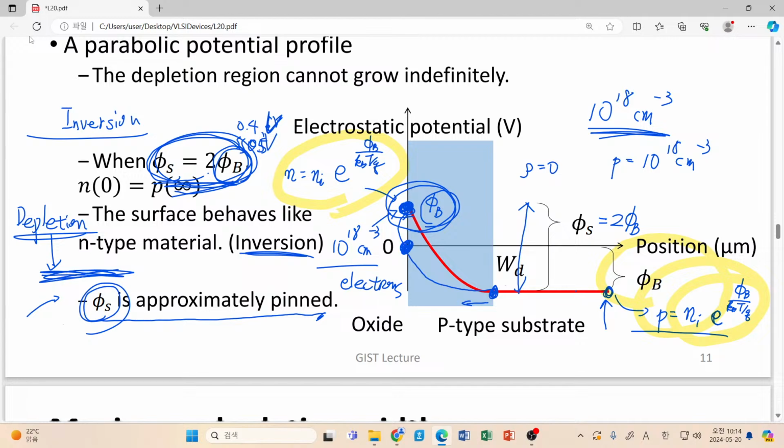Of course, this surface potential can increase a little bit, however, compared with the change of our gate voltage, beyond this level the amount of surface potential change becomes really minimized. So that is something we have to understand.